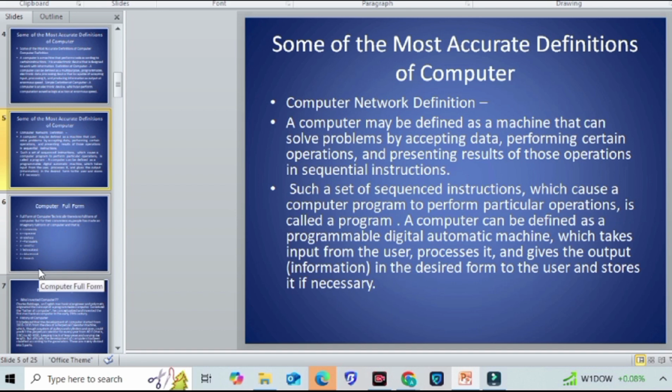Such a set of sequenced instructions, which cause a computer to perform particular operations, is called a program. A computer can be defined as a programmable digital automatic machine which takes input from the user, processes it, and gives the output information in the desired form to the user, and stores it if necessary.